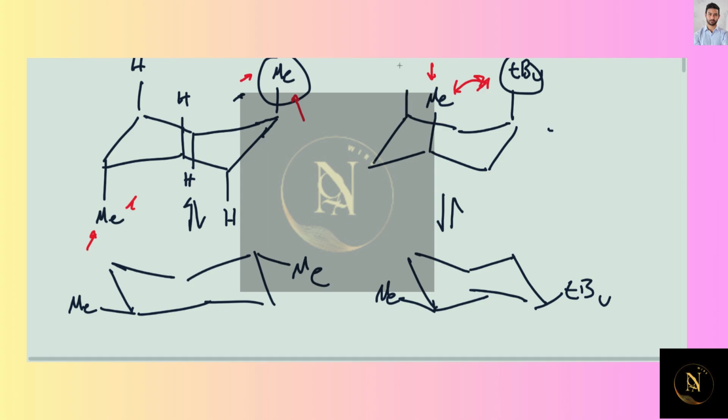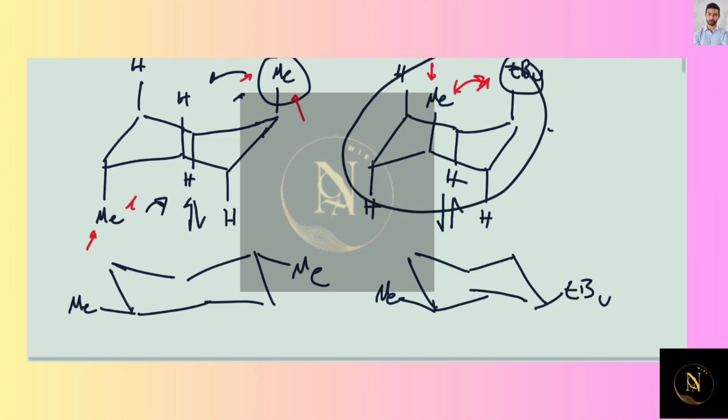So we're saying, is it better to have a methyl interacting with a tert-butyl and a hydrogen, or a methyl interacting with 3 hydrogens and another methyl interacting with 3 hydrogens? And it's this one. This is the far less favorable conformer when you compare it to its equatorial counterpart.